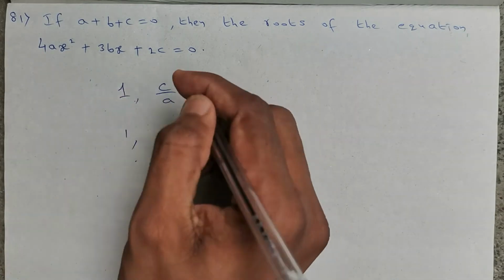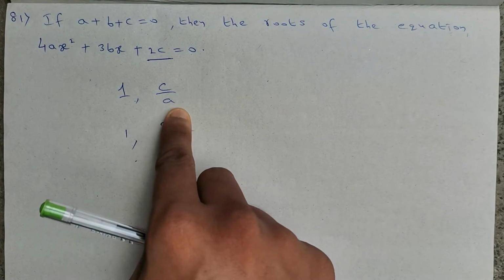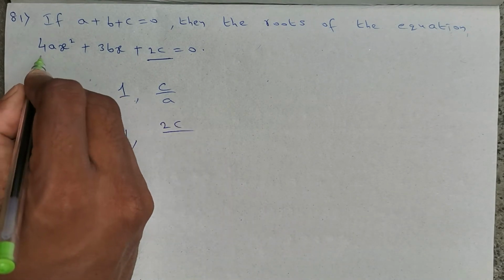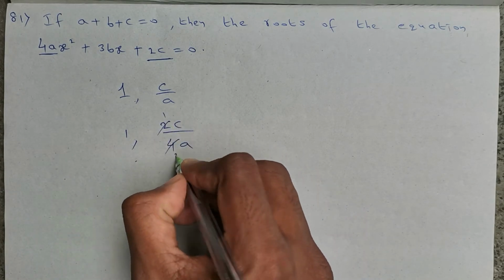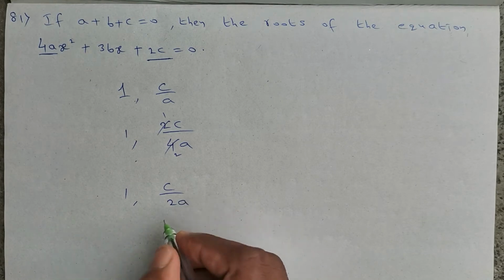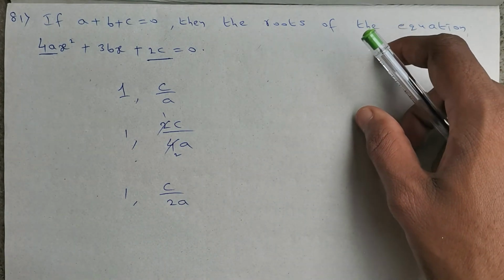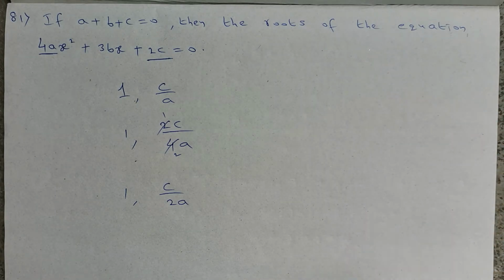In the given equation, constant is 2c divided by a. A is nothing but the x square coefficient. Here x square coefficient is 4a. If we simplify, 2 1s are 2, 2 2s are. So 1 comma c by 2a. So the roots of the given equation are 1 comma c divided by 2a.